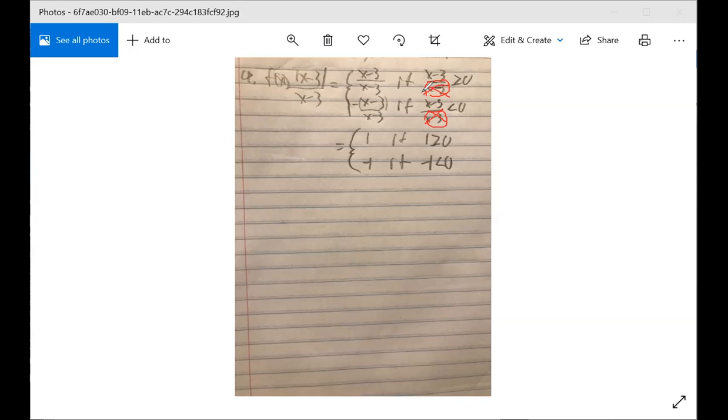And then you should get x greater than or equal to 3. So this is not right. These pieces are okay, those are right. But here it should be x minus 3 greater than or equal to 0 without the denominator. So this piece is going to be x greater than or equal to 3, and that's going to be x less than 3.